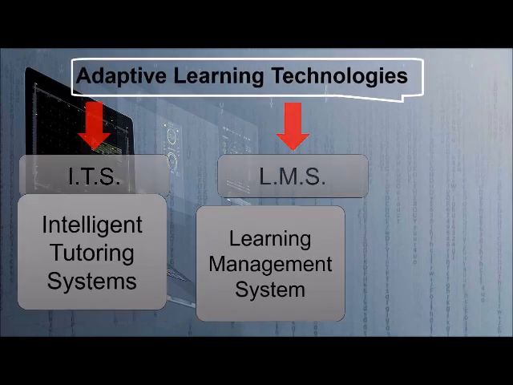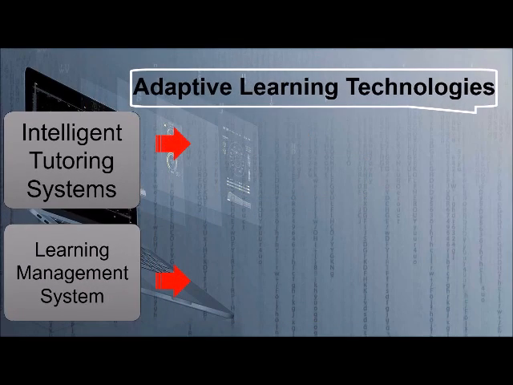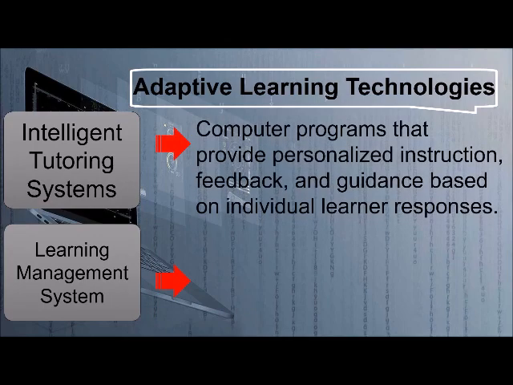When we say Intelligent Tutoring System, or ITS, these are computer programs that provide personalized instruction, feedback, and guidance based on individual learner responses. In other words, an intelligent tutoring system is a computer system that aims to provide immediate and customized instruction or feedback to learners, usually without requiring intervention from a human teacher.